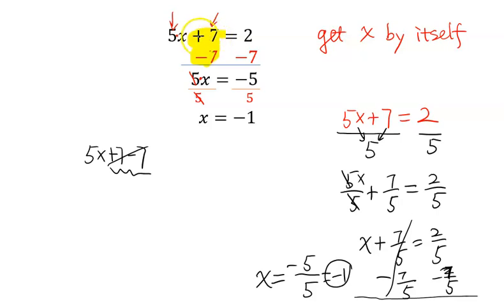So that's why we choose to get rid of 7 first, and then to get rid of 5. Imagine 7 is sort of further away from 5x, and in the order of operations, please excuse my dear Aunt Sally, we know multiplication has a higher priority than addition or subtraction, so they are sort of bonded together. So we will get rid of the not-so-close one, plus 7, and then we get rid of 5.